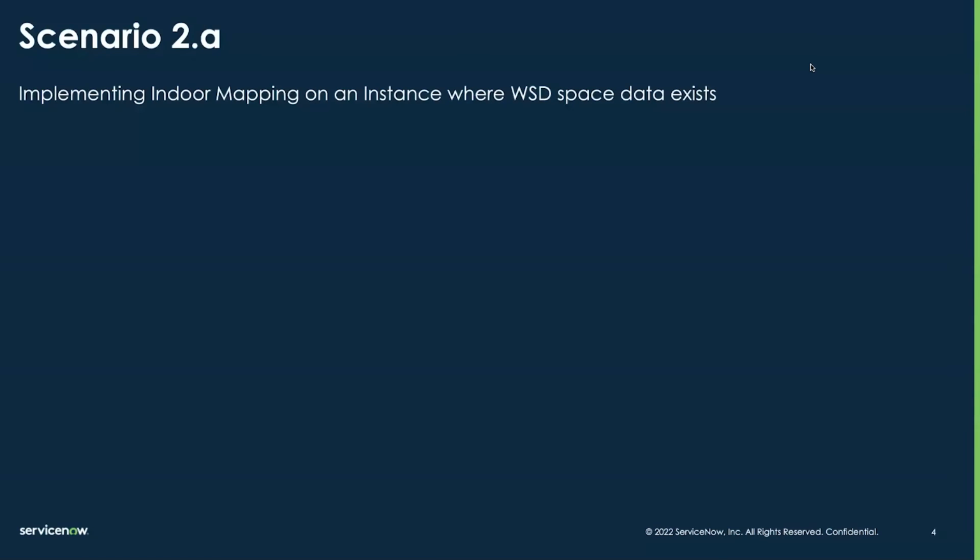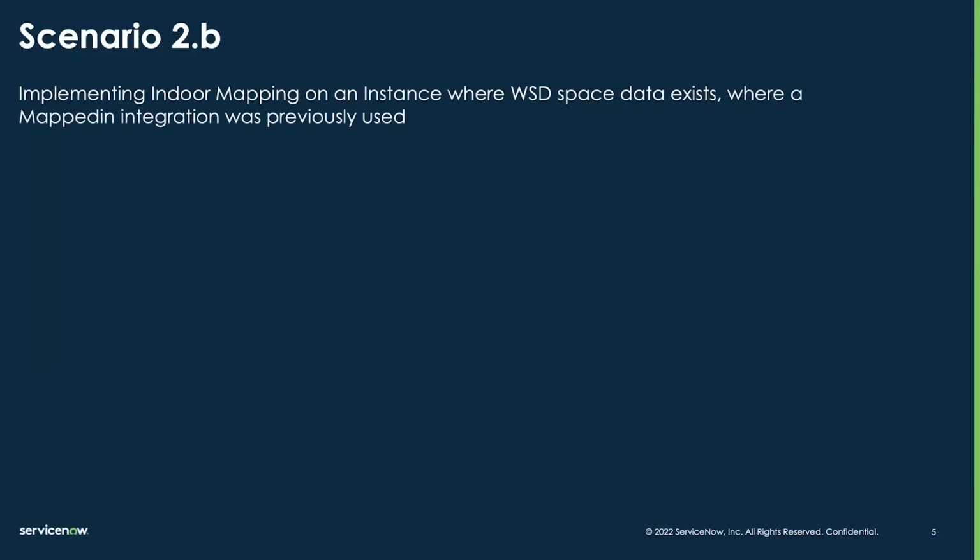So scenario 2A is where you already have an existing workplace reservation management system in place. You have already configured WSD and you are using it to make reservations right now. You just aren't using indoor mapping. Now you want to add the indoor mapping capability to your existing WSD implementation.